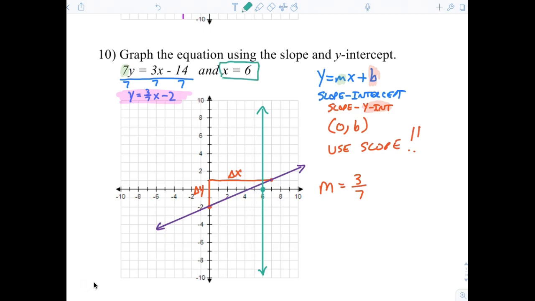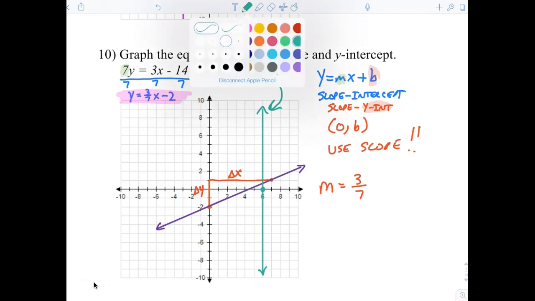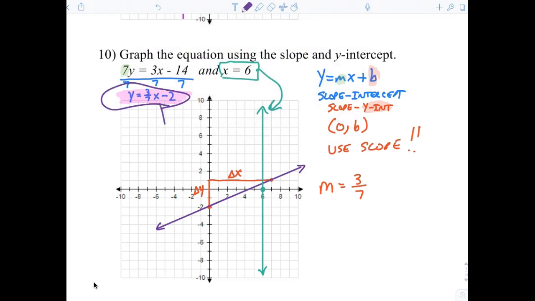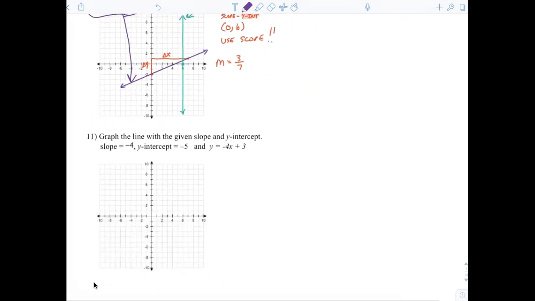I'm trying to really help you. Okay. So x equals 6 is this. You understand why, right? Yeah. And then this line over here is this line. Do you hear me? Okay, let's try 11.